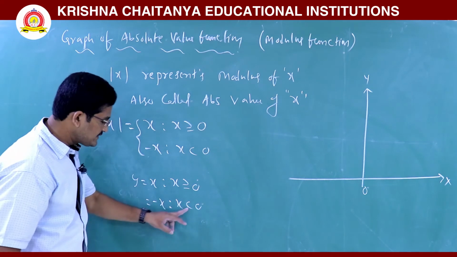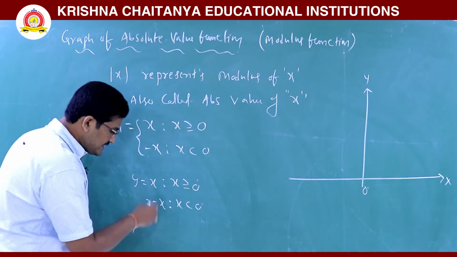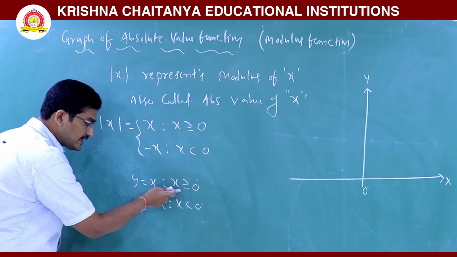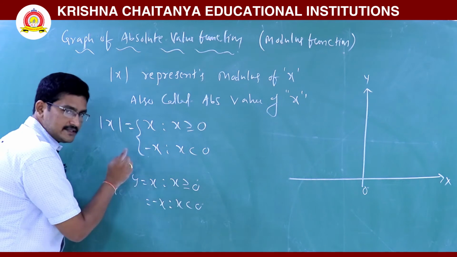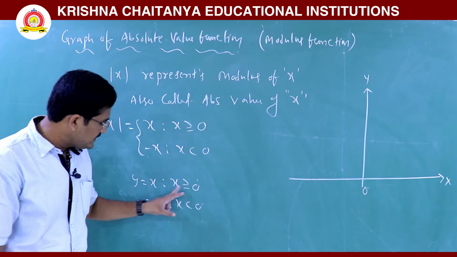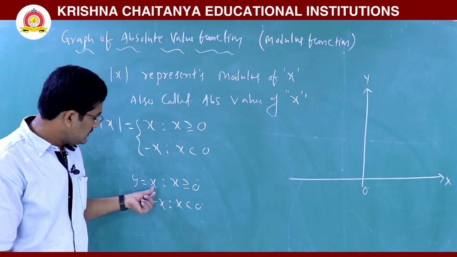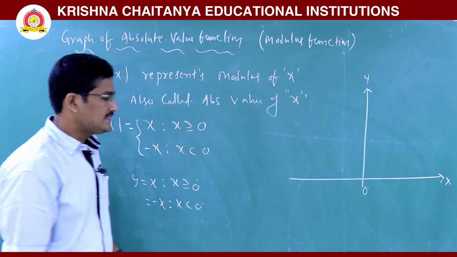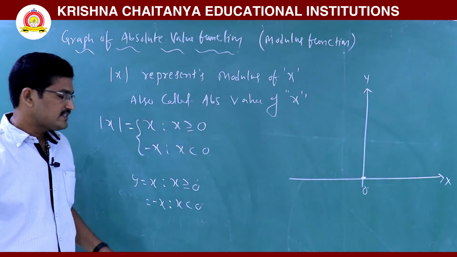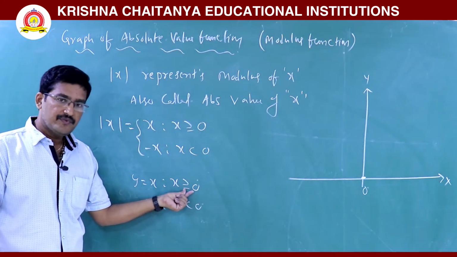If x equals minus 1, that is x less than 0, we take the other case. Suppose x equals 0, that means here. Then x is 0, y is 0. For x equal to 1, 1 is greater than or equal to 0.